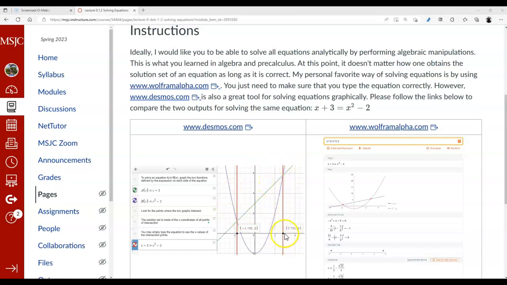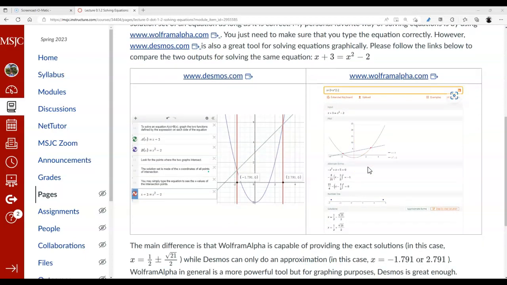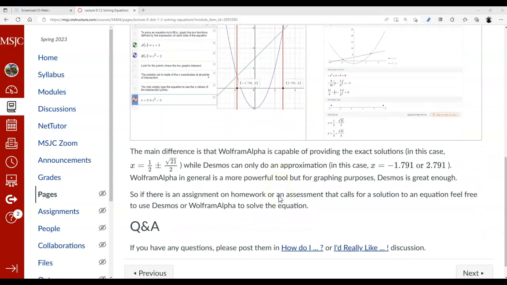You will still be looking at the x values, because to solve an equation means to find the x values that make the equation a true statement, but at least this provides more purpose to the process of solving the equation. It becomes more visual. Wolfram Alpha, as you can see, does it by default, so you don't have to tell it. Wolfram Alpha is actually a pretty cool tool, so I would encourage everyone to start exploring both of these options.